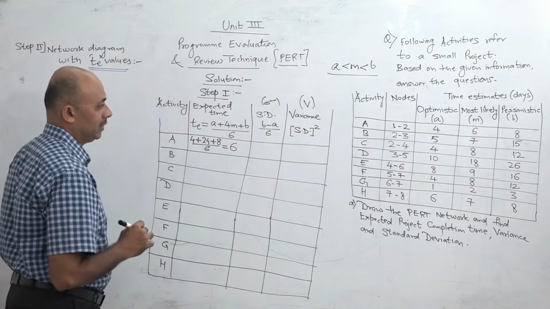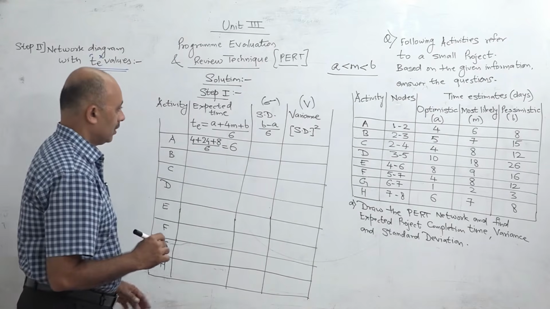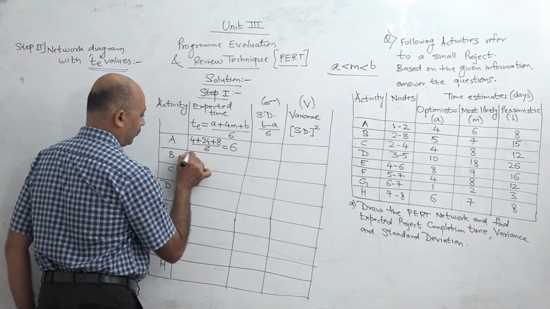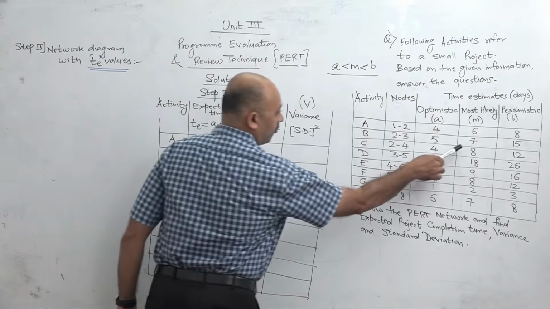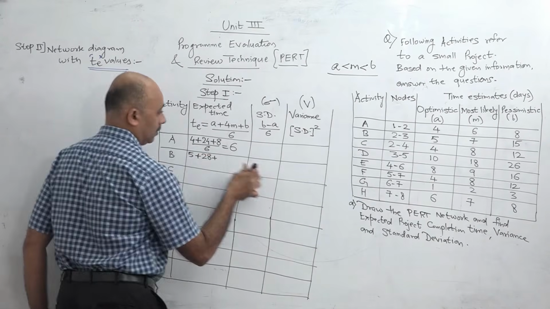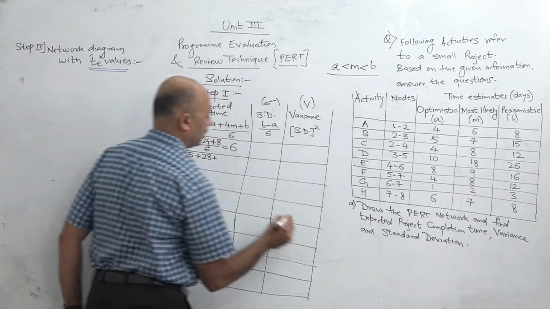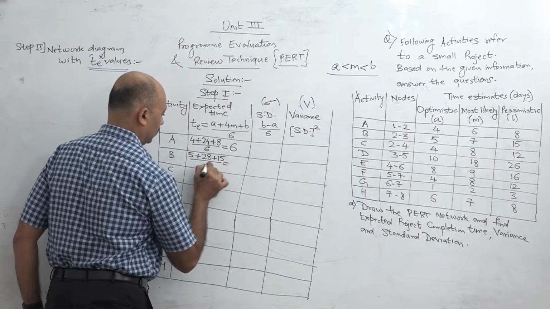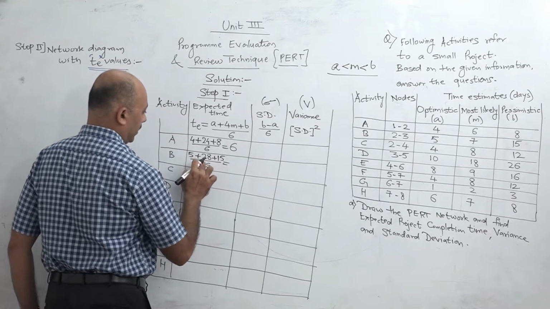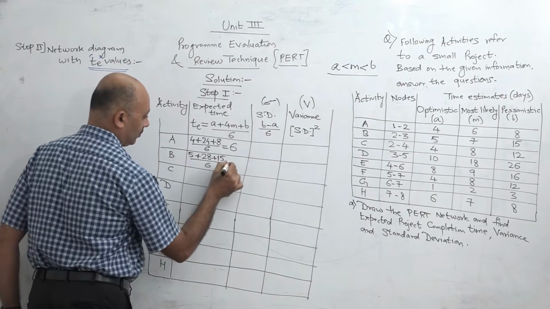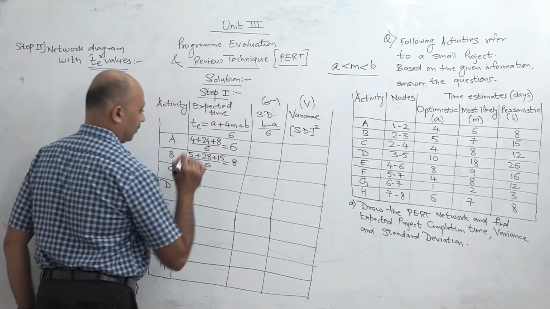So the T value will be 6. Next, for activity B, A is 5, M value is 7, so 7 into 4 is 28, plus B value is 15, so plus 15 divided by 6. So this total is 28 plus 5 is 33 plus 15, 48, 48 by 6 is 8.